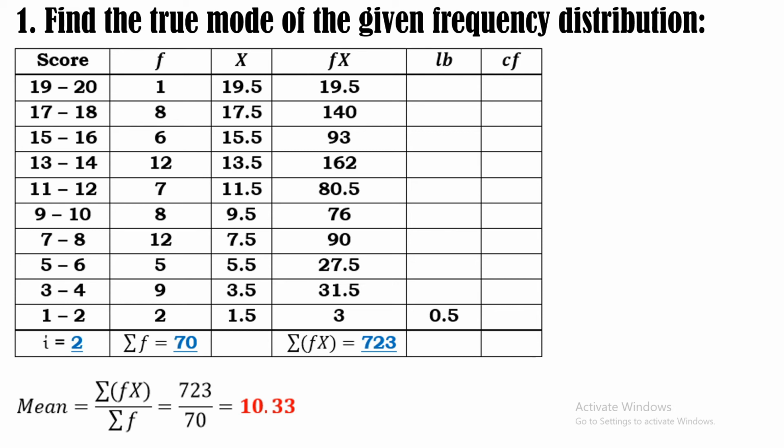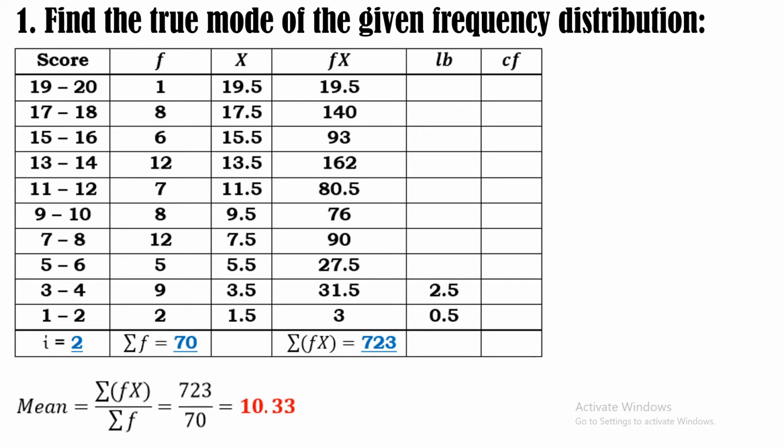For the class interval 3 to 4, the lower limit is 3 minus 0.5. So we have 2.5. Now for the succeeding lower boundary values, we can add 2 to the preceding LB values to find the succeeding values.